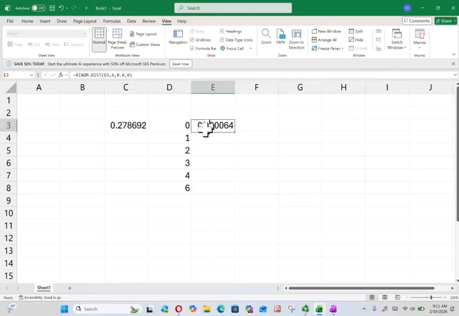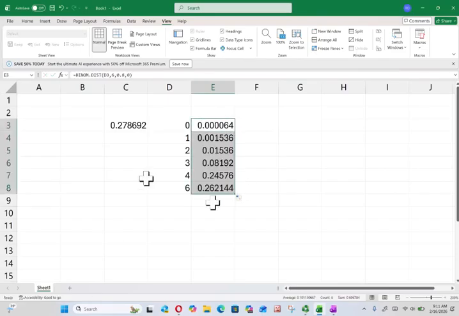And when I copy this down, I get the individual probability. I've got a chance of success of 0.8, so my chance of getting 0 successes is really, really small. The more chance you have of success, the more the distribution is shifted to the right.